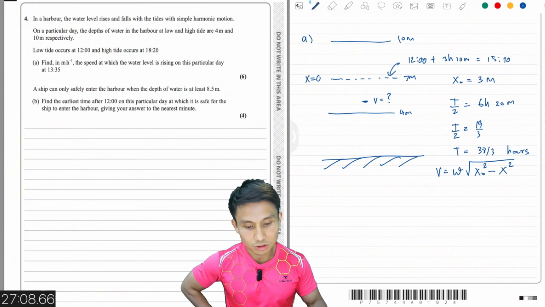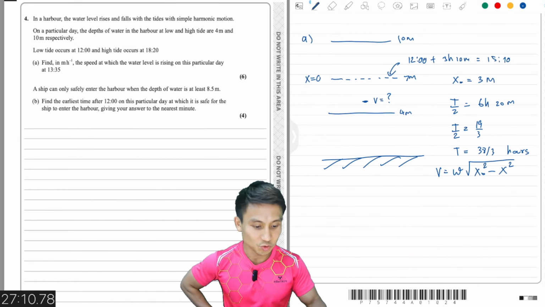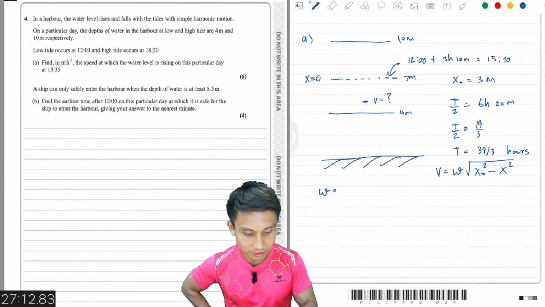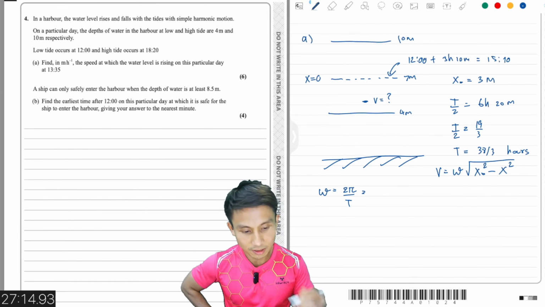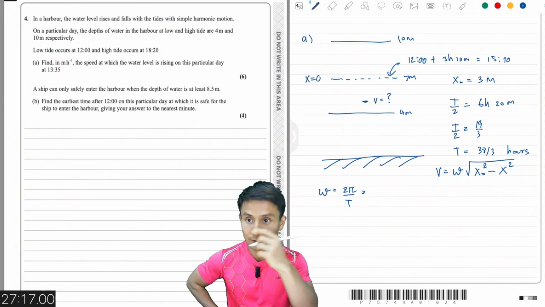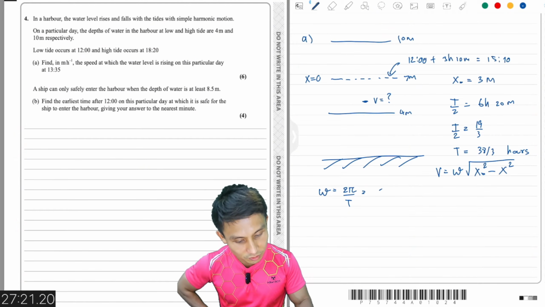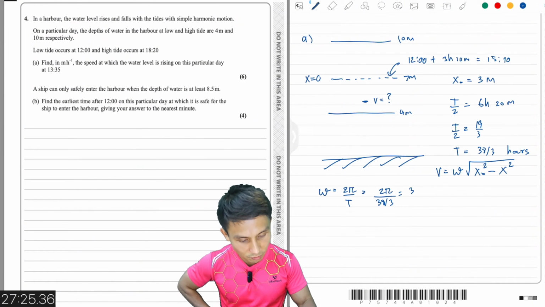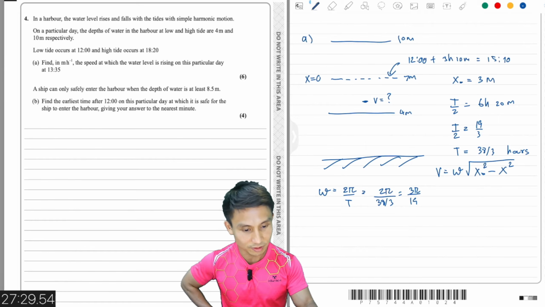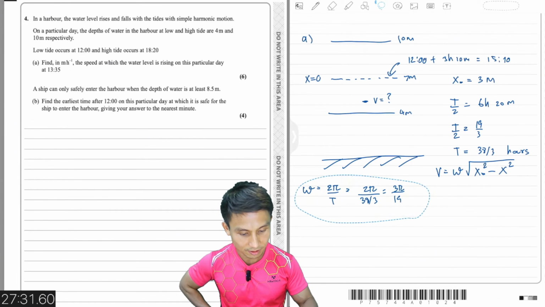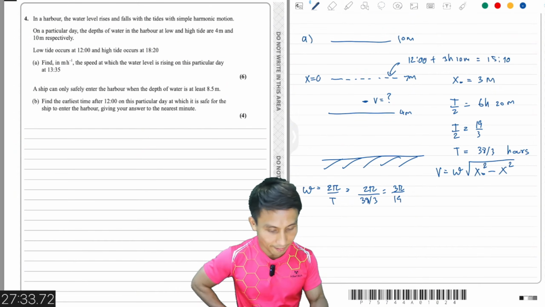Okay, so omega is just 2 pi over T. And T we know already, we're going to keep the same unit of hours here. So that's 2 pi over 38 over 3, which is 3 pi over 19, because 2 over 38 we can cancel. Okay, so that's the omega there.